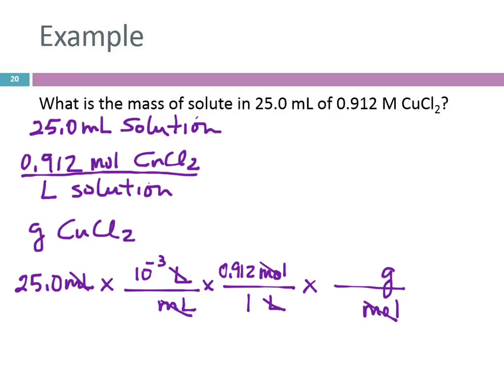Molar mass, periodic table. 63.55 for copper, plus 2 times 35.45 for the chlorine, 134.45 grams per 1 mole.